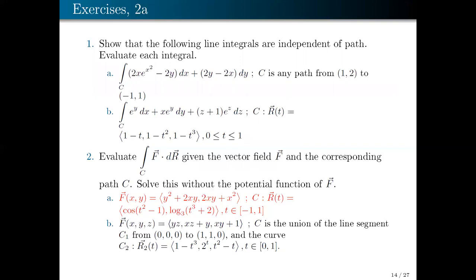Okay. I think this was done in the previous lecture video on this topic, wherein it was noted that some vector fields might have nice looking potential functions that might be difficult to obtain. That's why we will have to do this a different way.